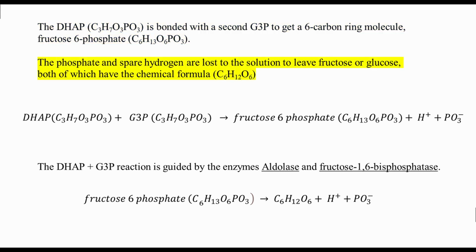The phosphate and spare hydrogen is lost to the solution to leave fructose or glucose, both of which have the chemical formula C6H12O6. The DHAP plus G3P reaction is guided by the enzymes aldolase and fructose 1,6-bisphosphatase.